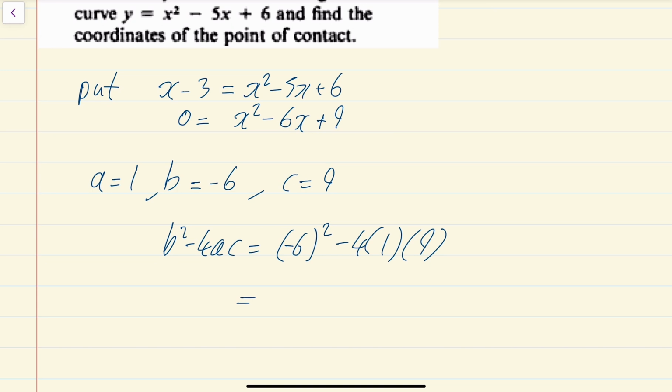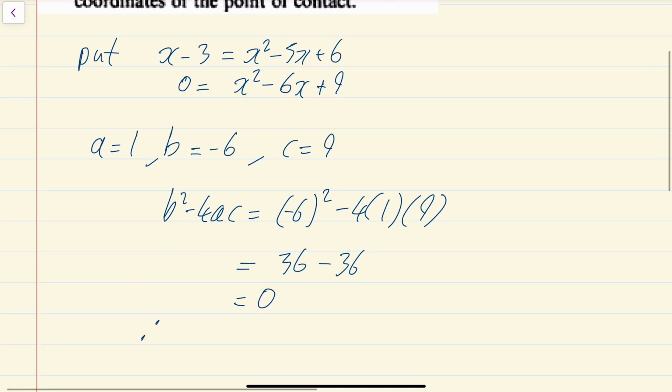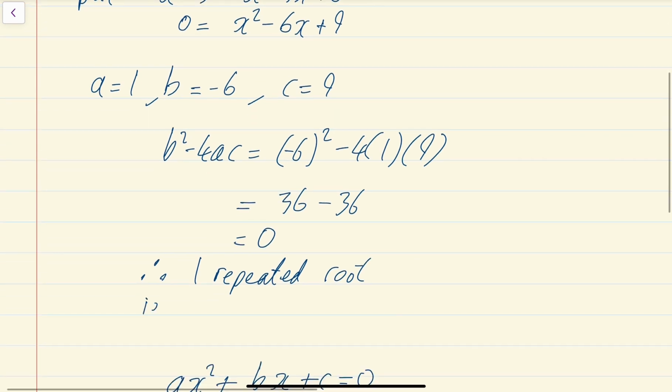Minus 6 times minus 6 will be 36. Minus 4 times 1 times 9 will be minus 36, and it is equal to 0. Just say, therefore, one repeated root, i.e. the line is a tangent to the curve.